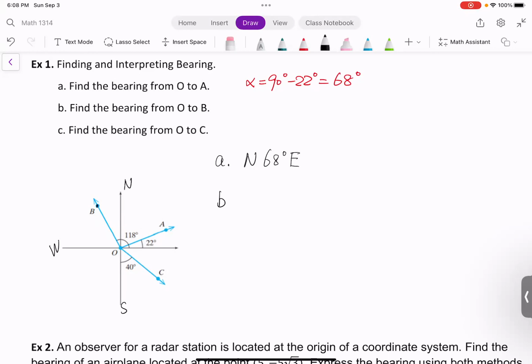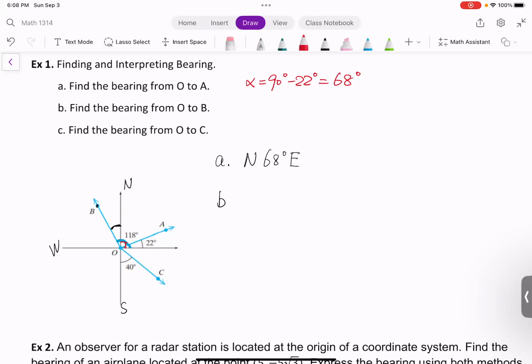The point is here. I need to find the acute angle formed between the ray and the north-south line. So how to describe this one? I know that this big angle is 118, and this one is 90.